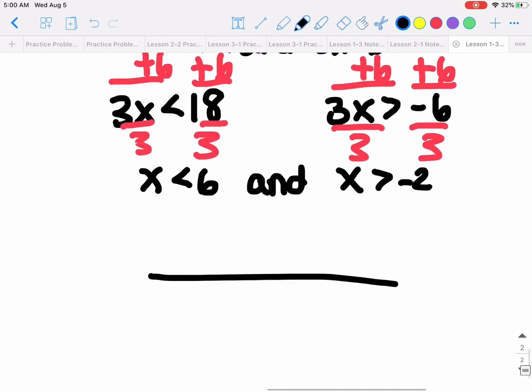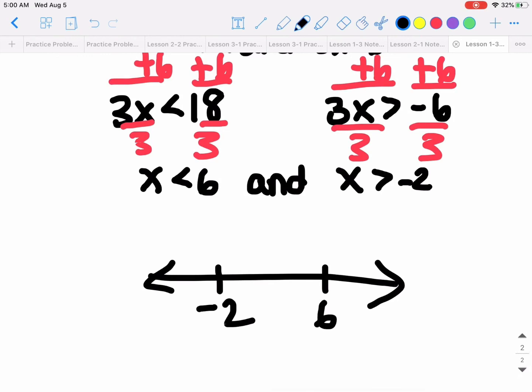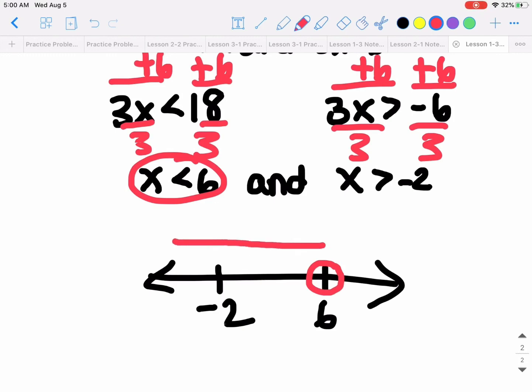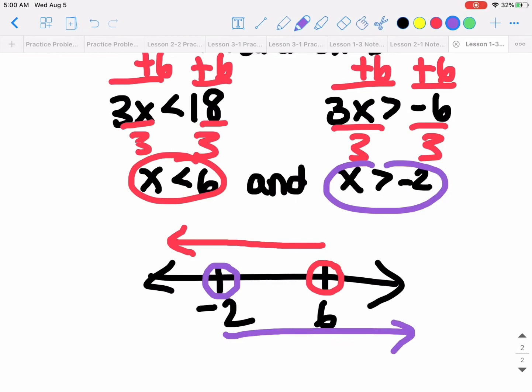I'm going to graph this, put those important points, negative 2, positive 6. To graph x is less than 6, I'm going to put an open circle on 6, and I know I'm going to shade everything to the left. To graph x is greater than negative 2, I'm going to put an open circle on negative 2 and shade everything to the right.